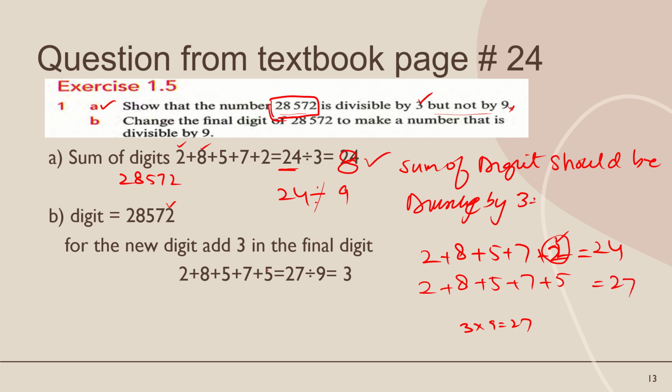So the digit 2 is replaced by the digit 5. Change the final digit only. If I change this digit and take the sum of the digits, we will get 27. So 27 is completely divisible by 9, so the answer is 5.